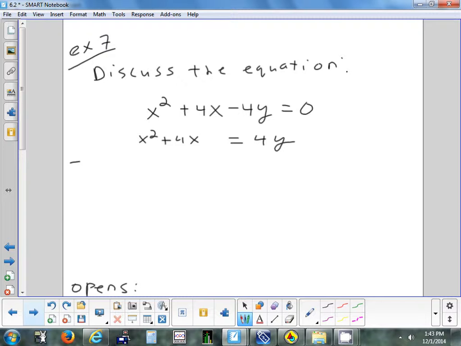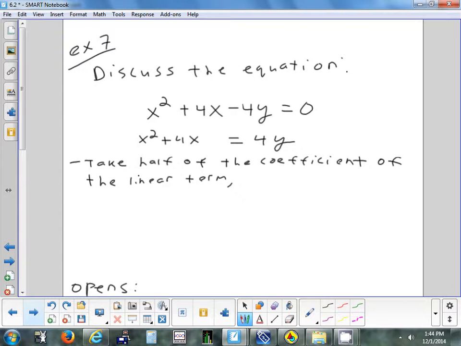So the way you do it, take half of the number in front of the linear term. In this case, it's a 4, in front of x. So take half of the coefficient of the linear term. Square it. And that's the number you add to both sides.